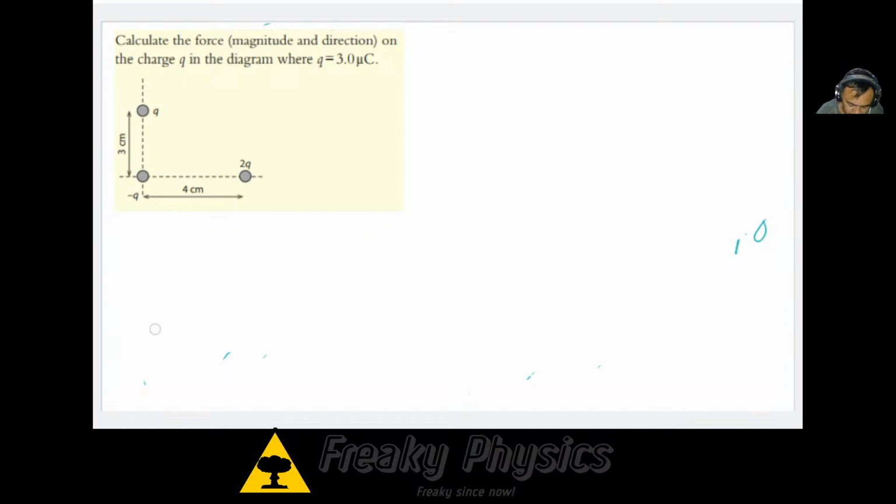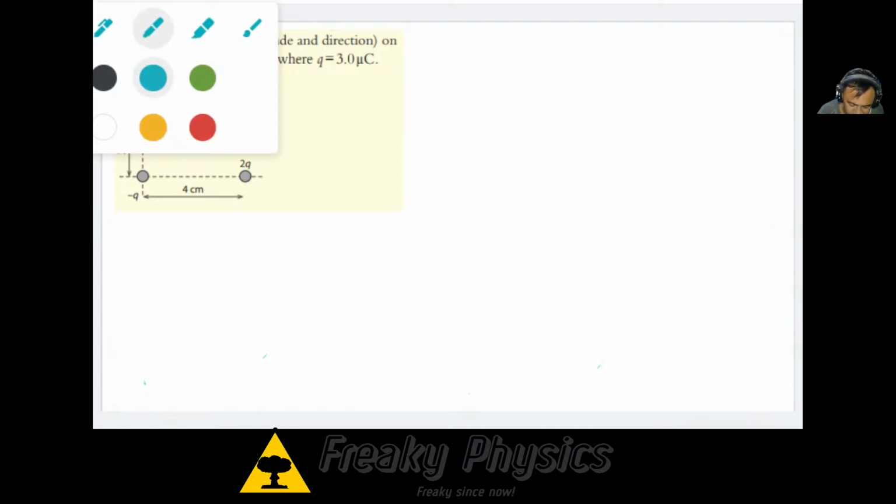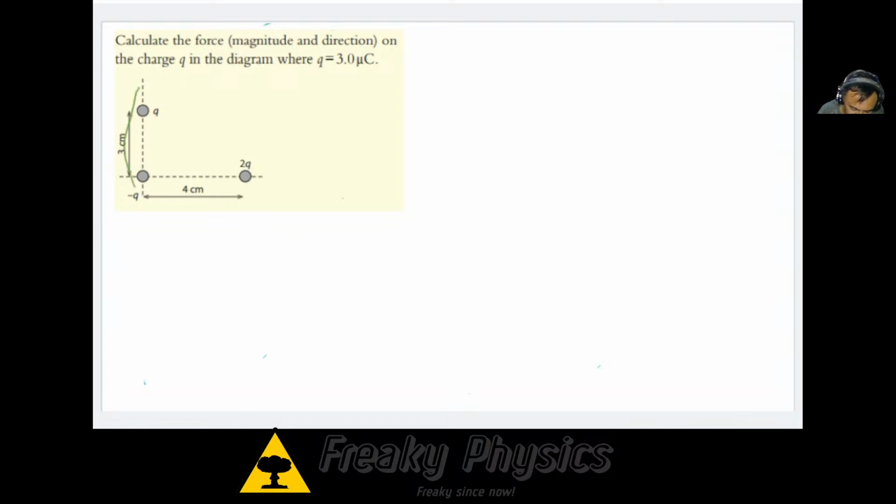All right, so step by step, I'm gonna color code this now. The first force is that, and we'll label that F negative Q, and it's all in the y direction, right?